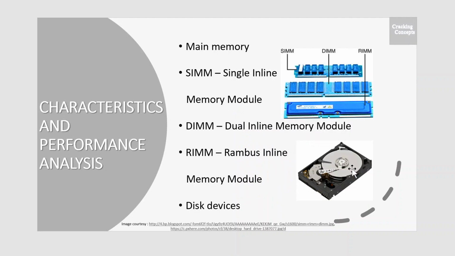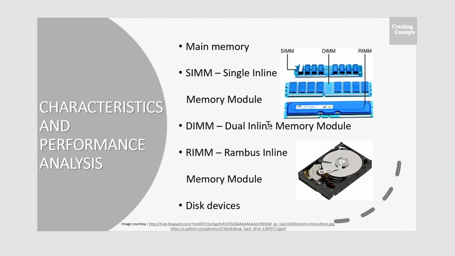The next level in the hierarchy is called main memory. This rather large memory is implemented using dynamic memory components, typically in the form of SIMM, DIMM, or RIMM. SIMM or single inline memory module is a memory module containing one or several RAM chips on a small circuit board with pins that connect to the computer motherboard.